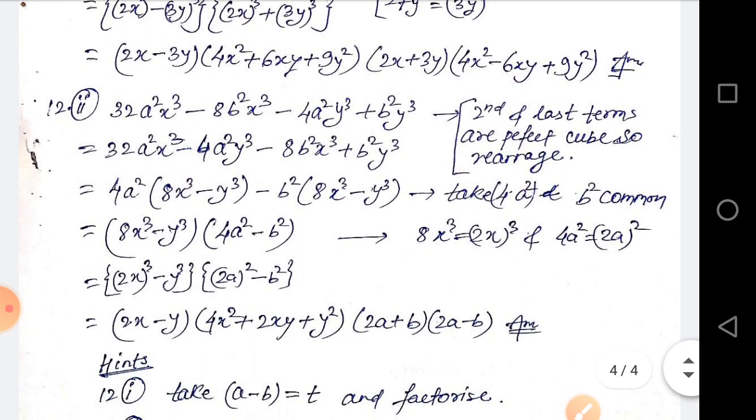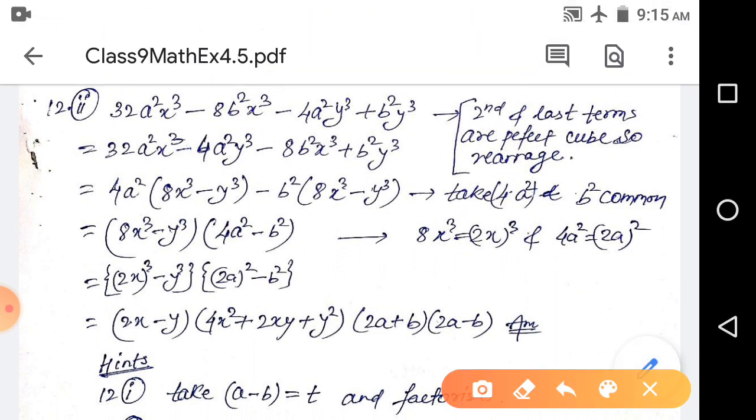Question number 12 bit 2. We have 32a square x cube minus 8b square x cube, 4a square y cube and b square y cube.